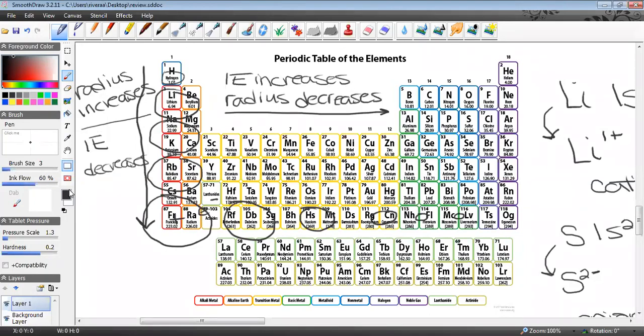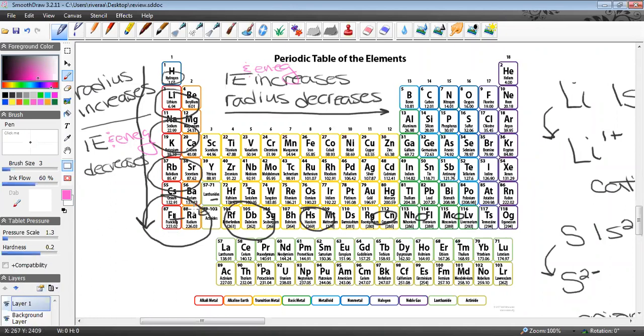And then the last trend we talked about was love for electrons, or electronegativity. It has the same trend as ionization energy. So you could just say ionization energy and electronegativity decrease going down. Ionization energy and electronegativity increase going across. It's just love for electrons in a bond, you guys.